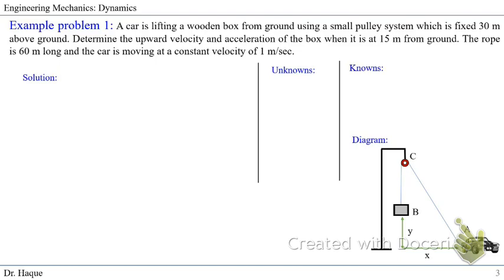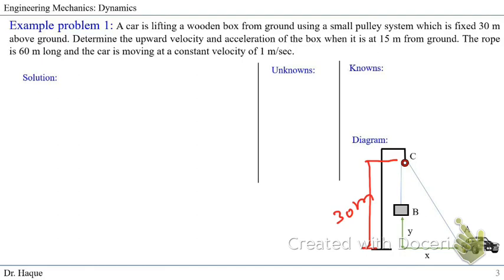The problem says a car is lifting a wooden box. In the picture, you can also see the ground. The box was initially at the ground, using a small pulley system, which is fixed 30 meters above the ground. So this length here from the ground is 30 meters.